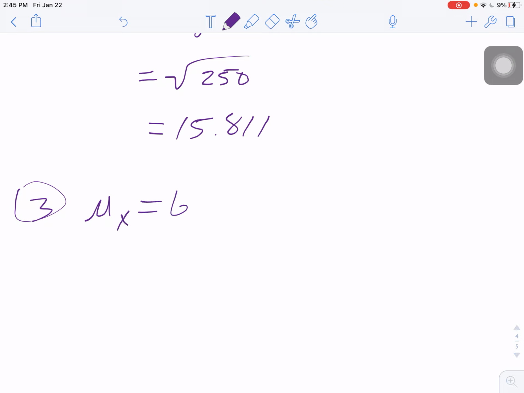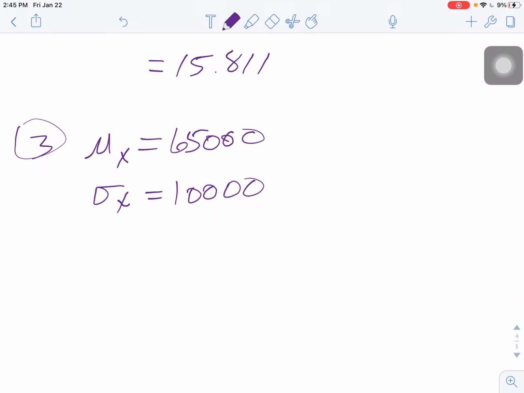So mu sub X is 65,000 and sigma sub X is 10,000. What I'm trying to figure out is how those bonuses affect the salary. Remember, X is just the salary, but now I want to apply those bonuses to that salary.